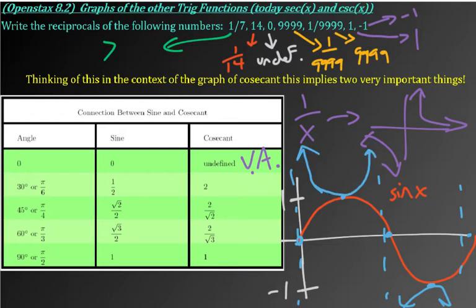It looks parabolic because as this sine graph gets smaller and smaller, when you take the reciprocal of a smaller and smaller number, you get bigger and bigger. And so the branches are moving away from each other as you move towards the asymptotes.